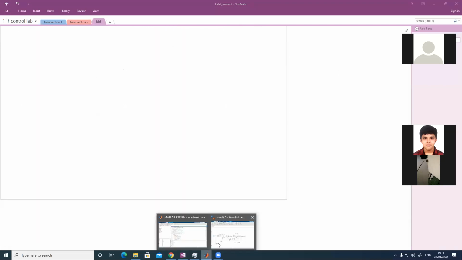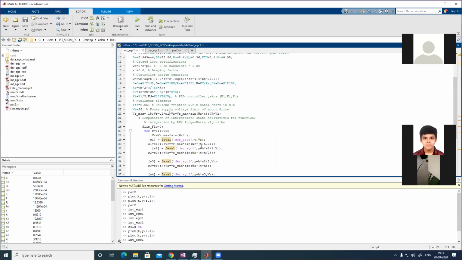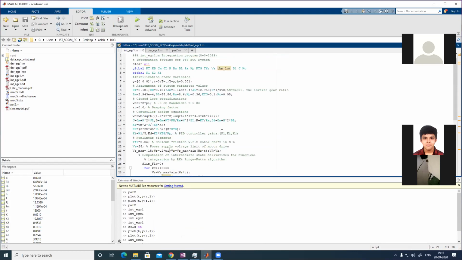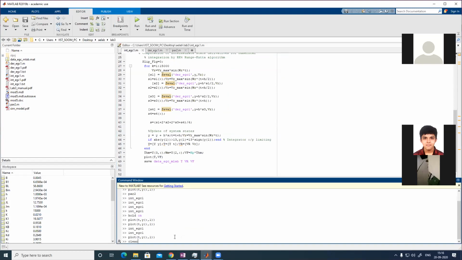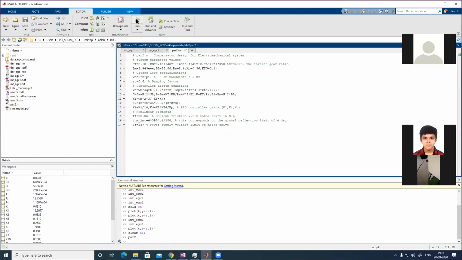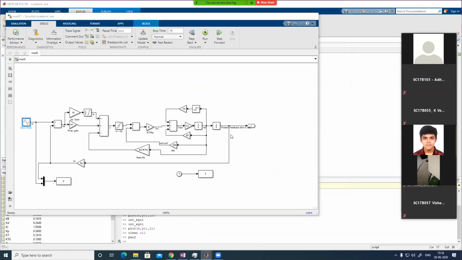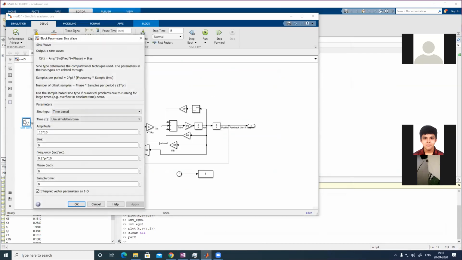So you can see this one. I am running this one here. I am choosing some 0.15 into 10.